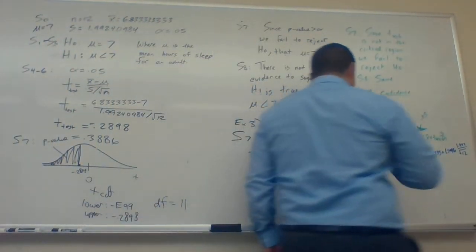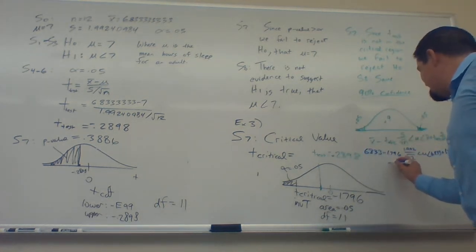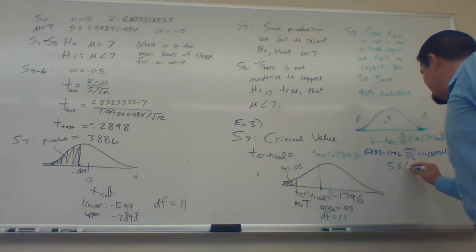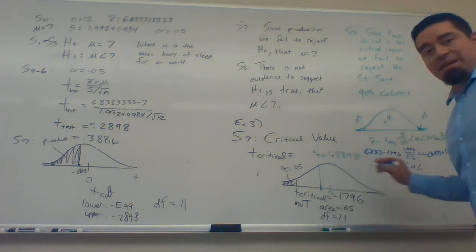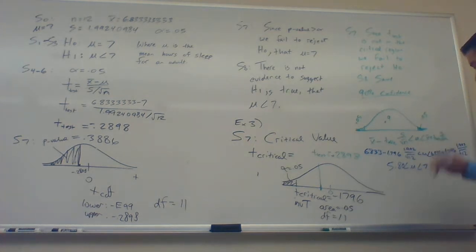I type this in, and I get 5.8 less than mu, less than 7.87. So 5.80 and 7.87 hours. According to this, we are 90% confident that the mean number of hours of sleep is between 5.8 and 7.87.